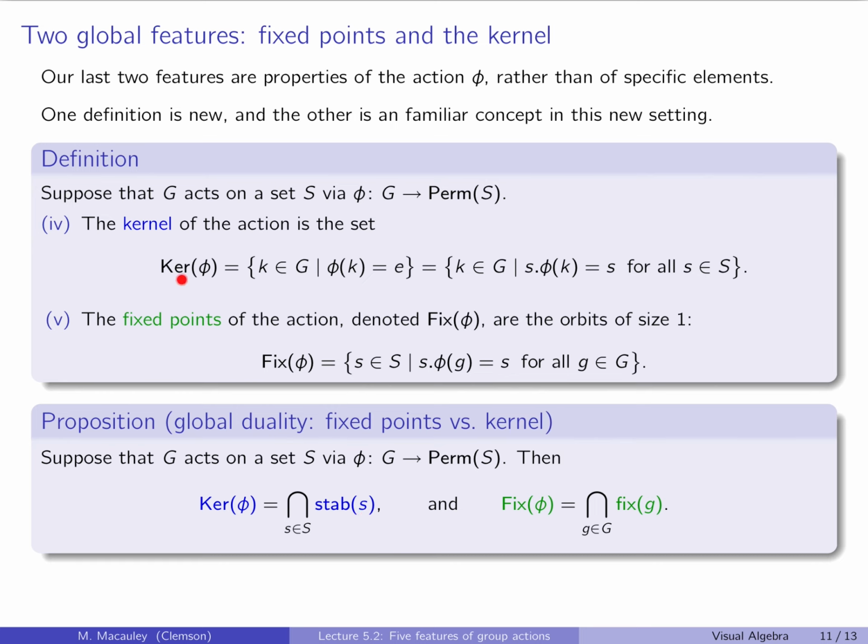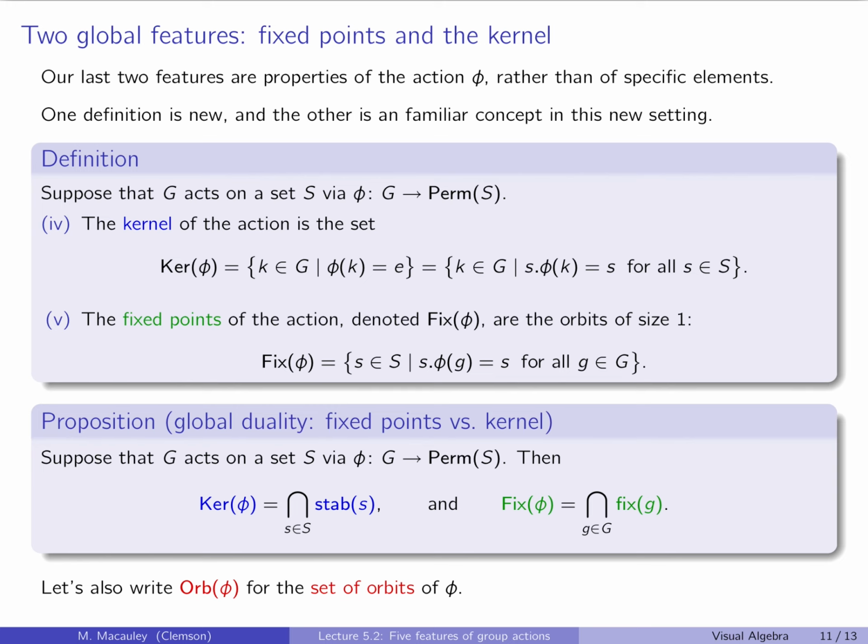Well, the kernel are the group elements that fix everything. So we need to intersect all of the stabilizers, and that intersection are the things that fix every set element. That's the kernel. And the fixed points of the action, so remember what the fixator is. The fixator of little g is the set elements that when you press the g button, nothing moves. And so the fixed points are the things that don't move when you press any of the g buttons.